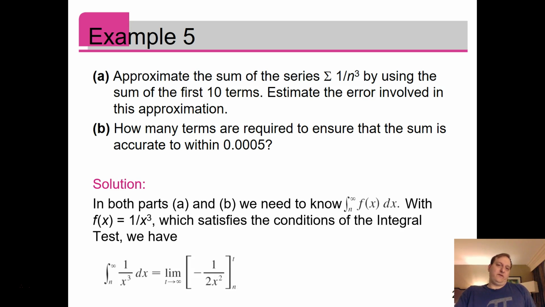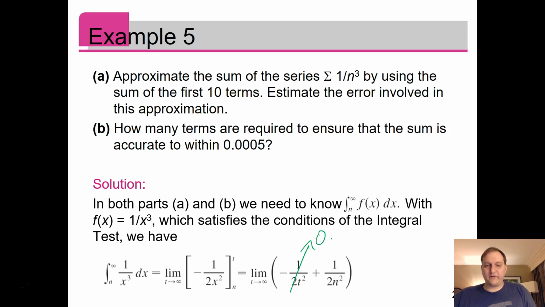So we have negative 1 over 2t squared plus 1 over 2n squared. Well, as t goes to infinity, that part right here goes to 0. The other part doesn't involve t, so 1 over 2n squared is my remainder estimate.